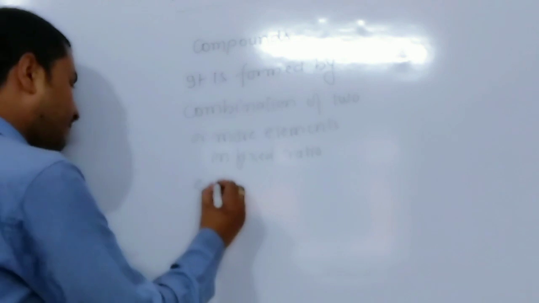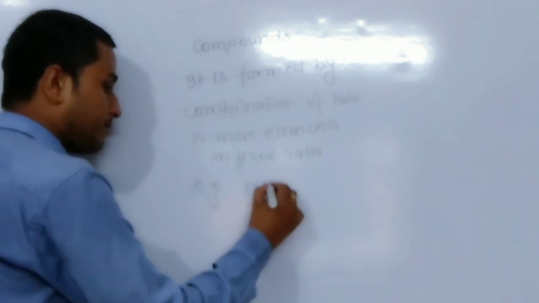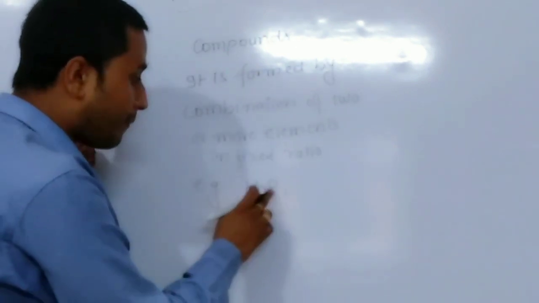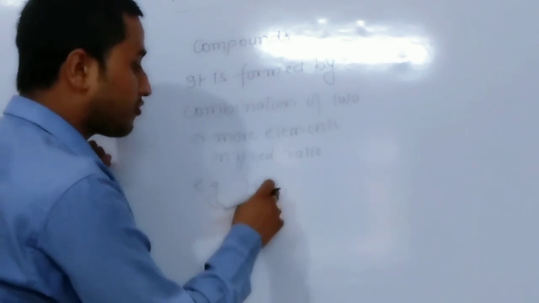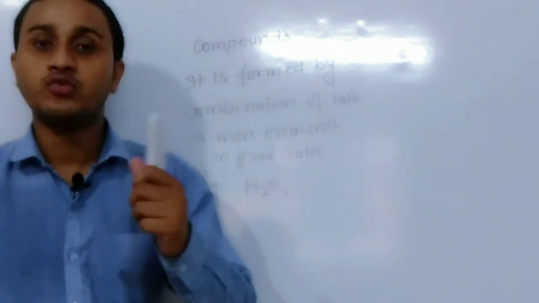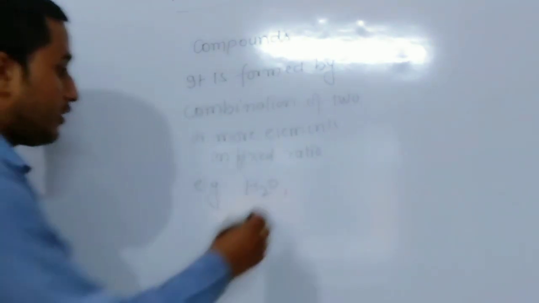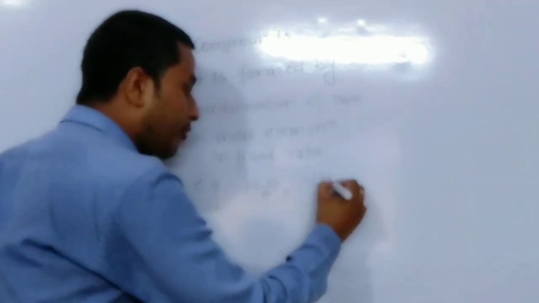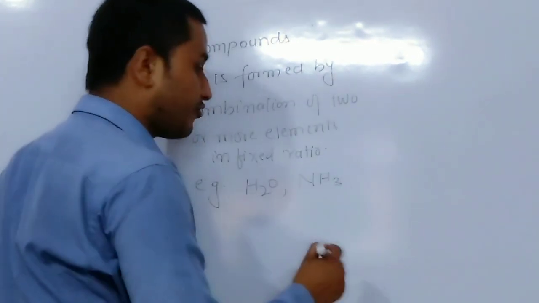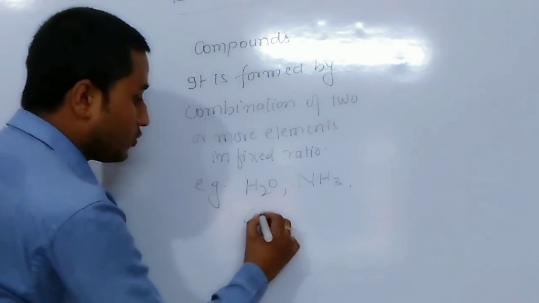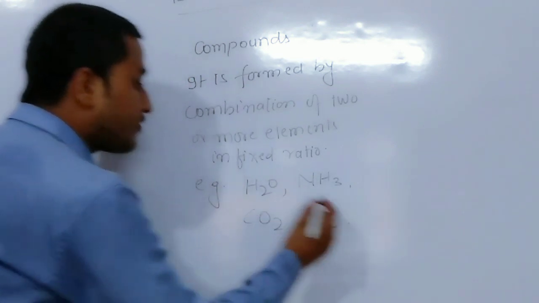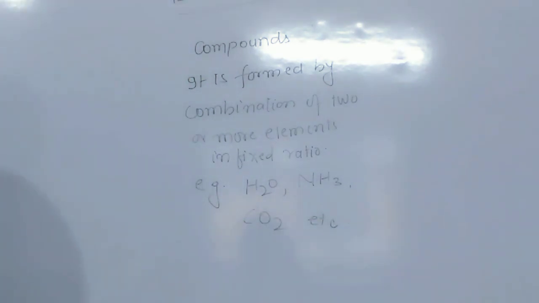Is it okay? See example, H2O. This is a compound because it is formed by the combination of hydrogen and oxygen in the ratio of 1:8. Okay? NH3 similarly is formed by the combination of nitrogen and hydrogen. Similarly, CO2. These are examples of compounds.